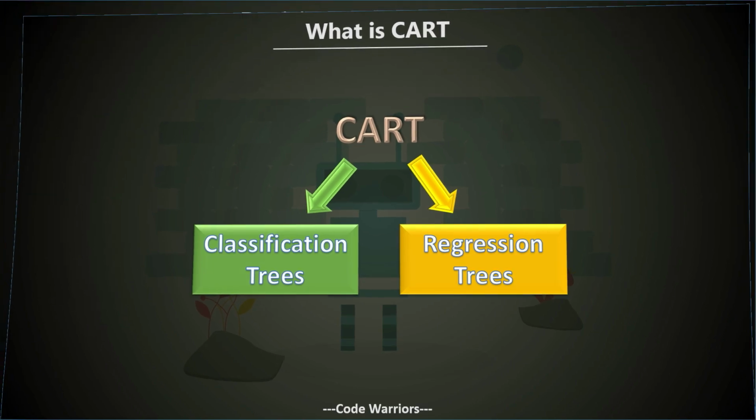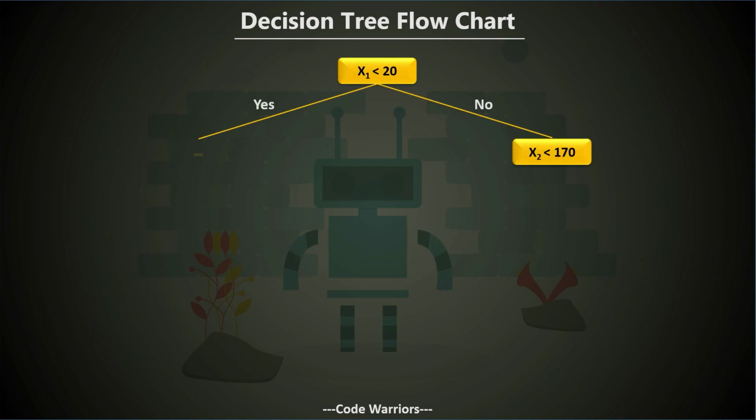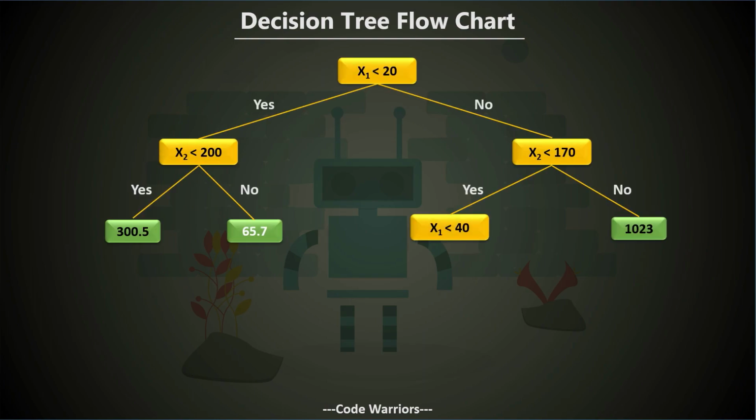So let's move further. Now this is the decision tree flowchart, and an example is explained here of how the decision tree works. First of all, there is a root node, and the root node is connected with several internal nodes, and there can be multiple internal nodes or a single internal node after the root node.